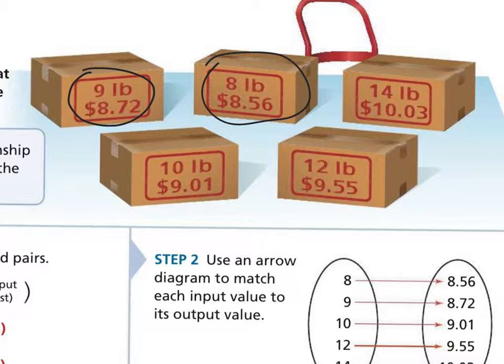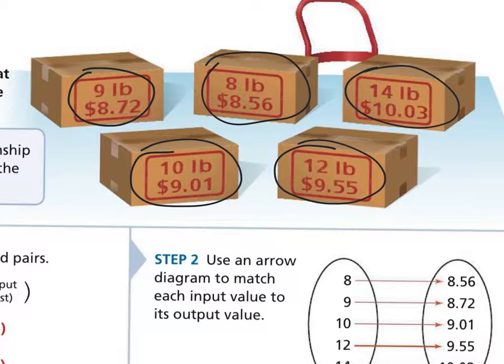Then 9 pounds is $8.72. 10 pounds is $9.01. 12 pounds is $9.55. 14 pounds is $10.03. So it looks like each of those costs is different, and it looks like the heavier the package is, the more it costs to ship, which makes sense.